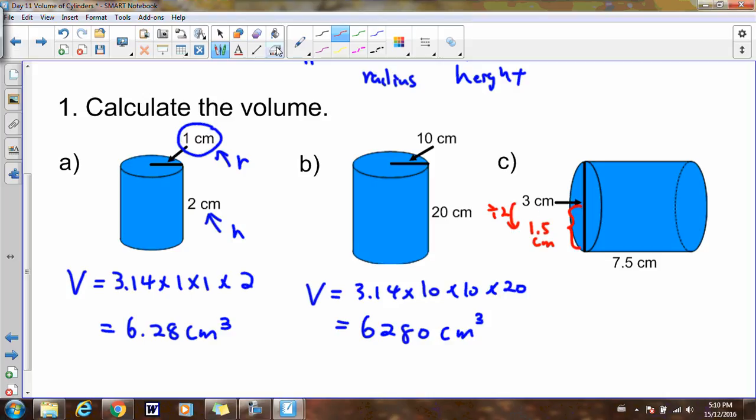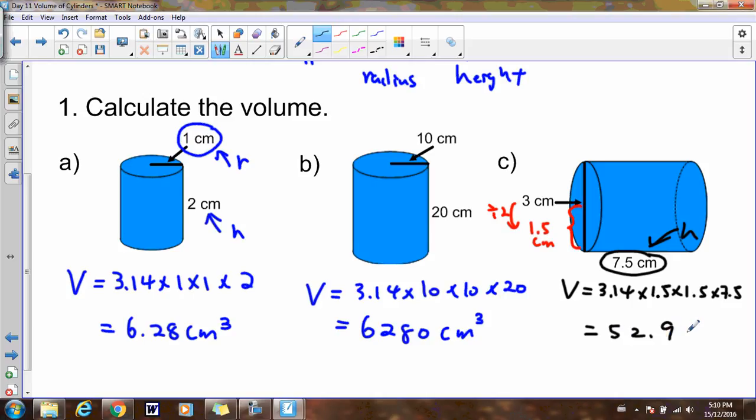So once you realize that, the question is not all that hard because all you have to do is the same as before, 3.14 multiplied by 1.5, multiplied by 1.5, multiplied by 7.5. Now, 7.5 is actually the height here, even though the cylinder is sort of flipped on its side, but this is still considered the height. You get 52.99 centimeters cubed.